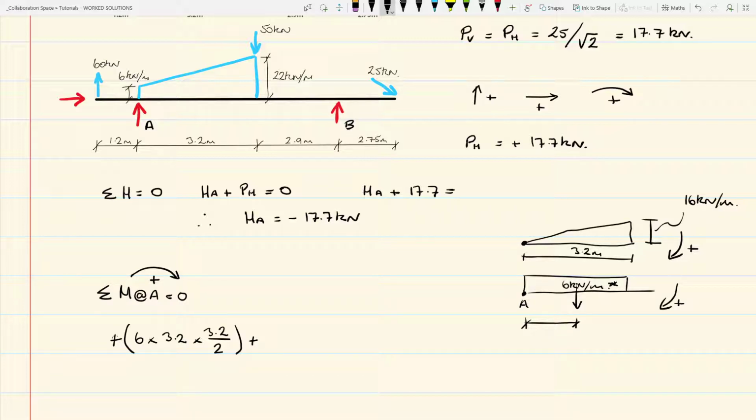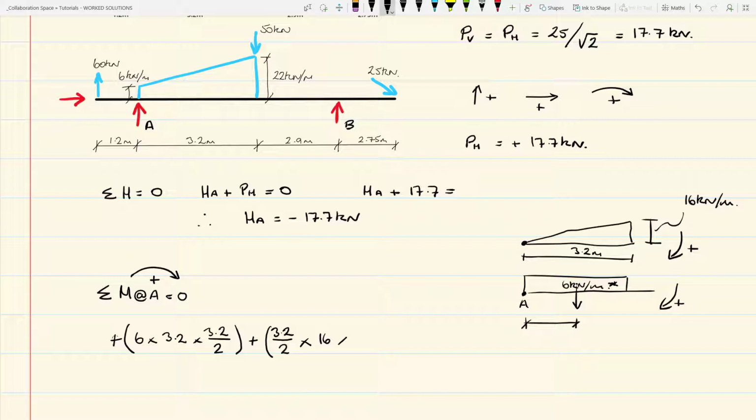So 22 minus the 6 gives you the 16 kilonewtons a meter. The area of the triangle is half the base, so it's 3.2 over 2, times the height, that is 16. That effectively gives you the total load associated with that triangle.